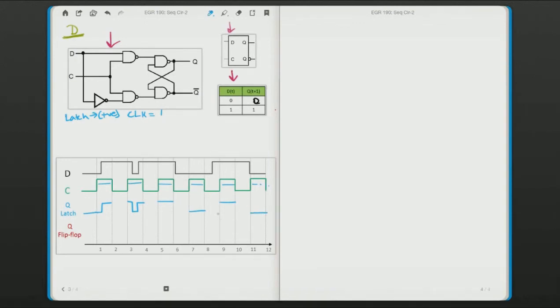And step 2, as you recall, my output remains the same when clock is 0, right? So from time 2 to 3, it remains the same, and time 4 to 5 remains the same, 6 to 7 it remains the same, 8 to 9 remains the same, 10 to 11 remains the same, and all you need to do, step 3, is connect the breaks here. That is your D latch.